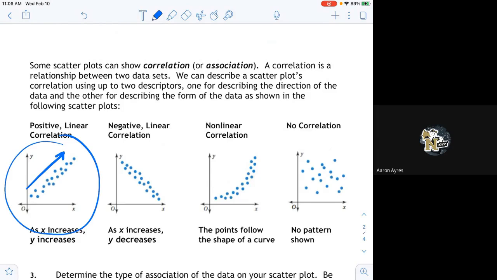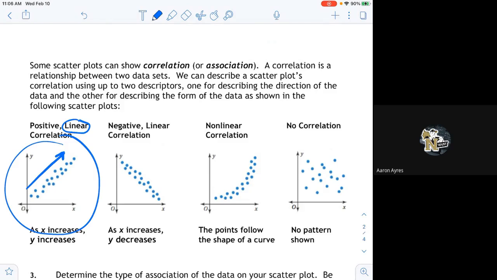Now, if the majority of your data points in the scatter plot form what could be a straight line or have that kind of path, then we say the data also has a linear association. Notice that in this first example, the data values aren't all on the same straight line, but they're so close together that they look like they could be a linear relationship. Then we say the form is linear.